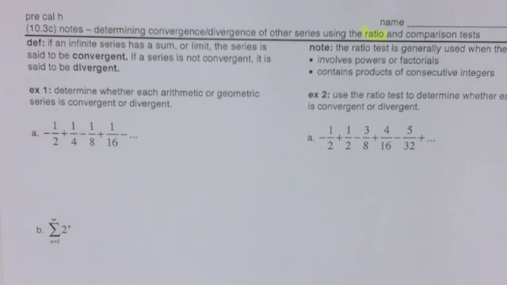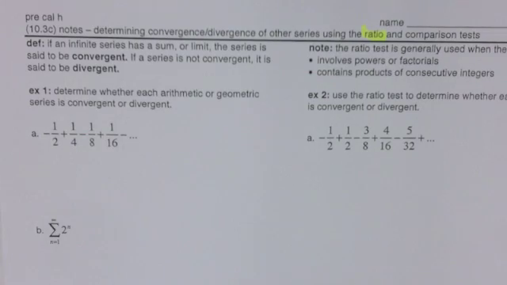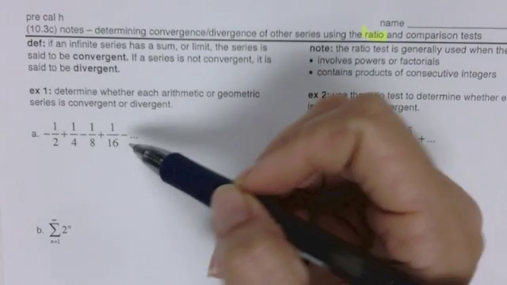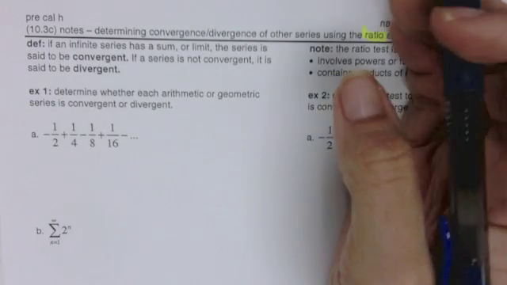So before we get into the ratio test, we're just going to take a look back at what we've been doing already to determine whether or not a series is convergent or divergent. The first thing is this one right here. This is just review.